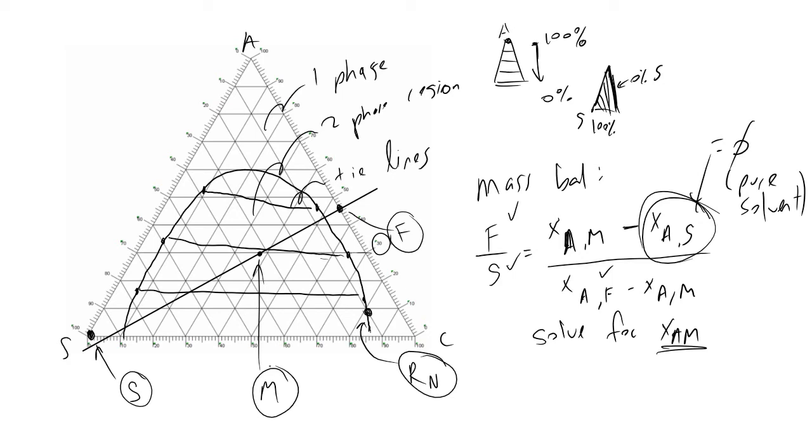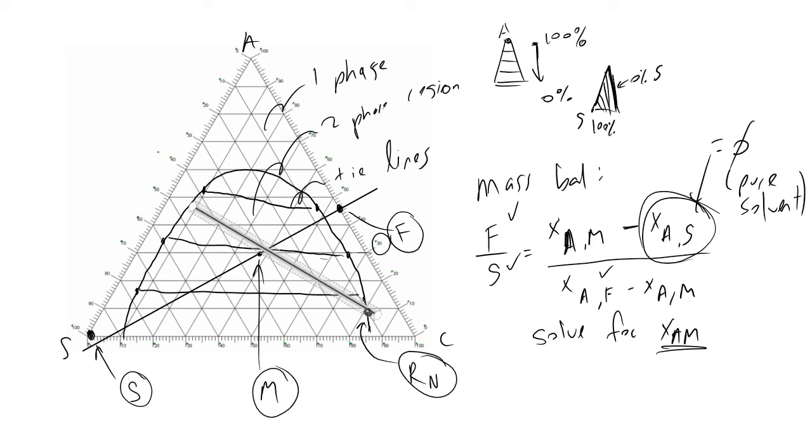And so the next thing we will do is connect the R sub n point through our mixing point and figure out where this hits our left side of the two-phase region.